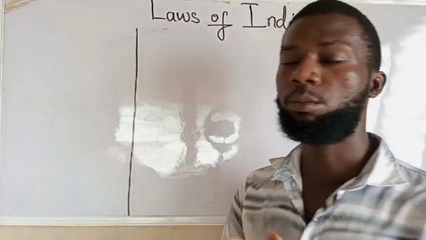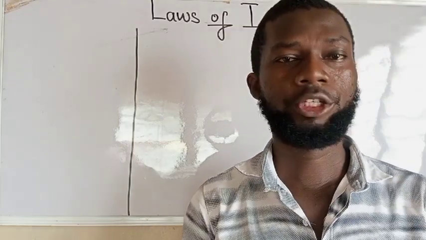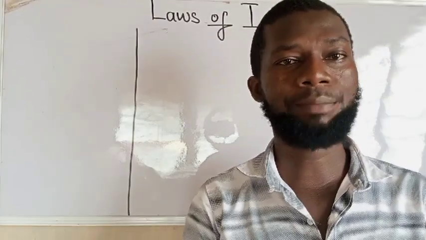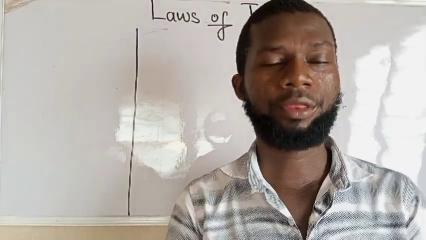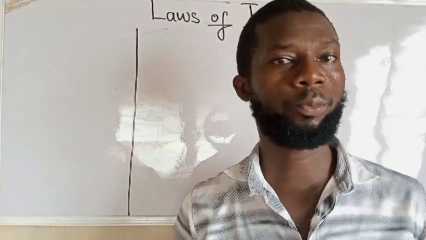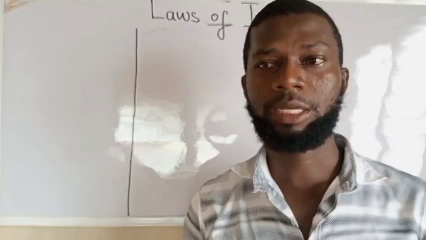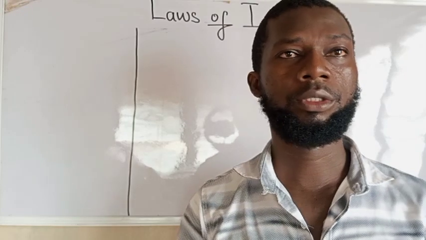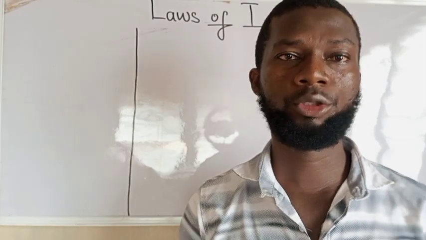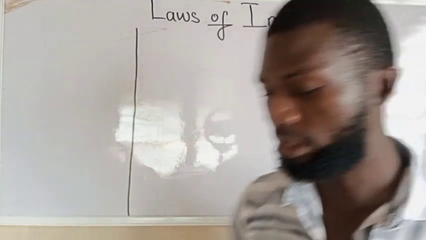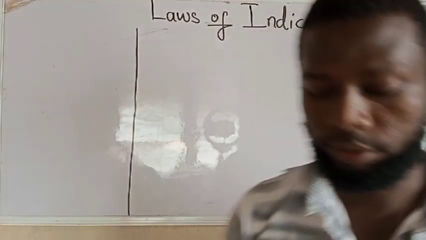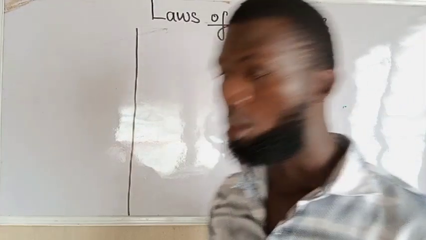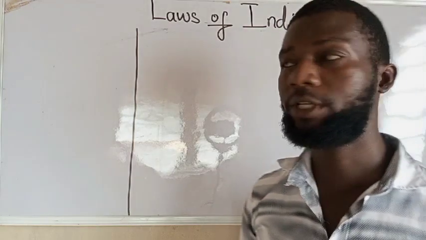We are going to be looking at some laws, and if they are well applied to solve mathematics problems, I believe that with these laws, you can and should be able to solve problems relating to indices. So, we are going to be looking at the laws one after the other.